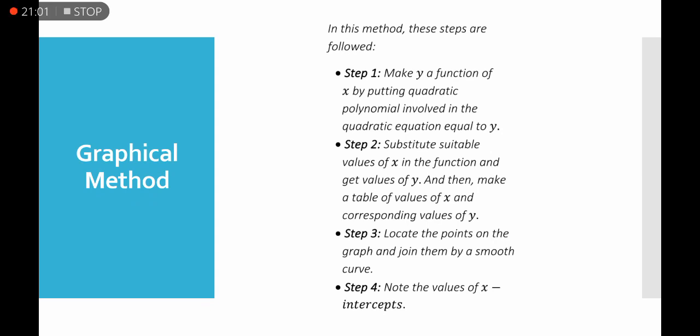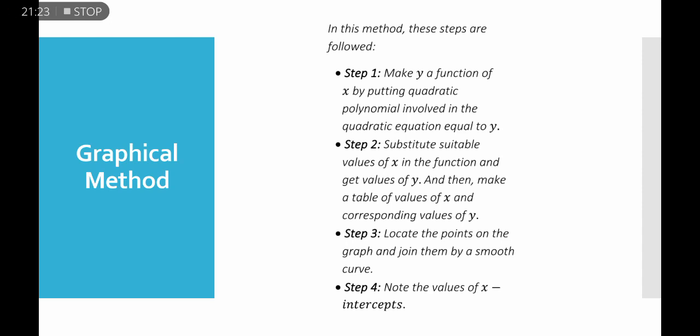Last method, graphical method. In this method, these steps are followed. Step 1. Make y a function of x by putting the quadratic polynomial involved in the quadratic equation equal to y. Step 2.